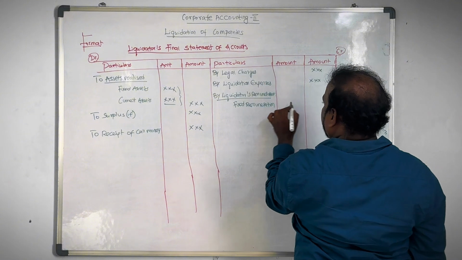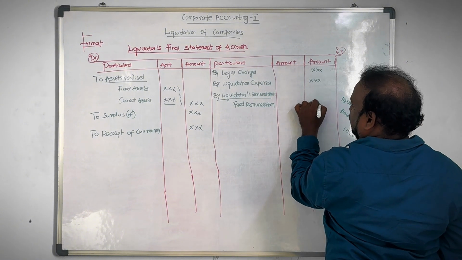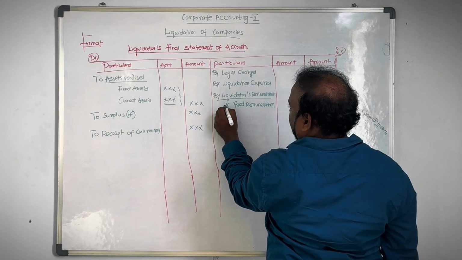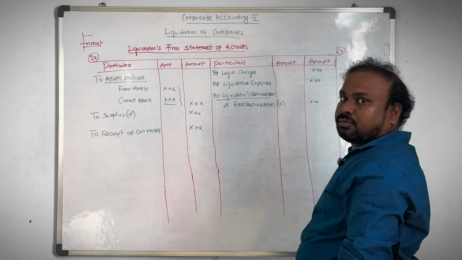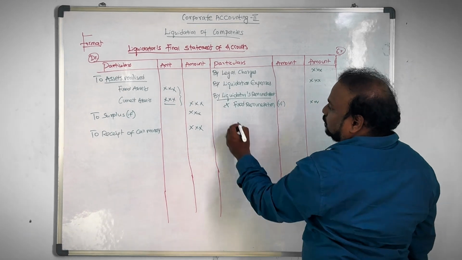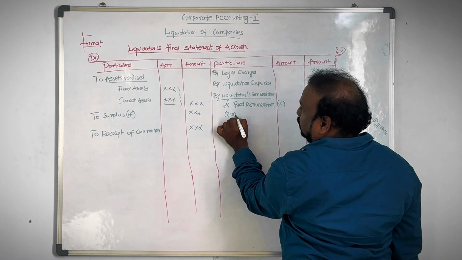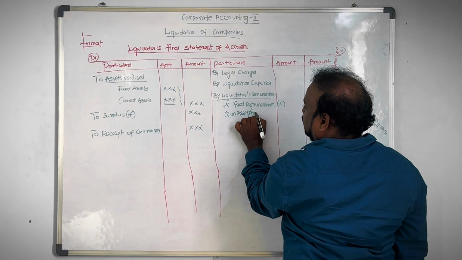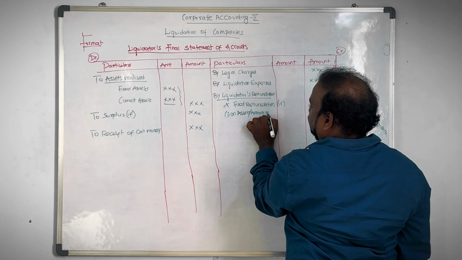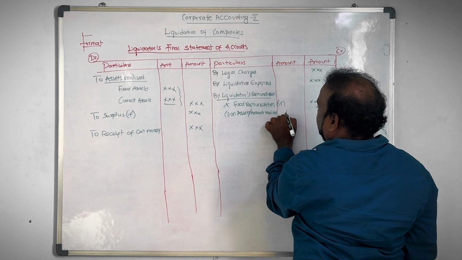If fixed remuneration is given, bring it here directly. It is not so in all the cases. Sometimes fixed remuneration will be given in the question. Usually we calculate on assets or amount realized. From this we need to calculate.